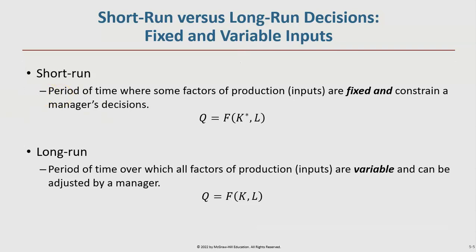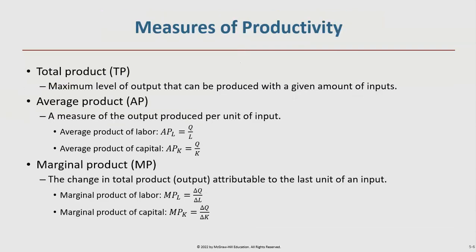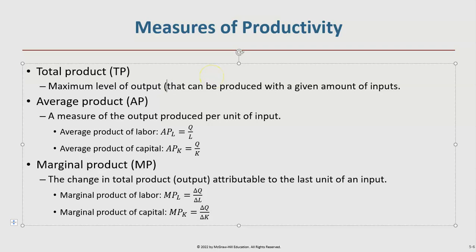Okay, so in a short-run production function, there are different ways of measuring productivity. Okay, the total product is the maximum level of output, so that's just Q, that can be produced with your inputs. Okay. Then the average product is measurable by business firms. Okay.